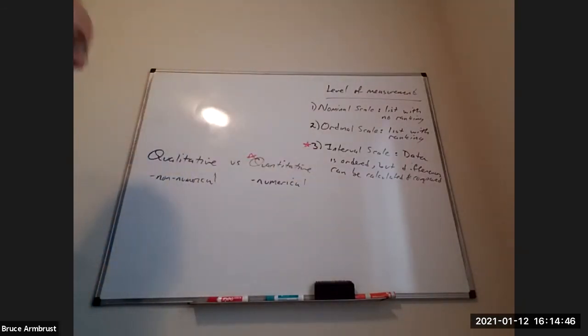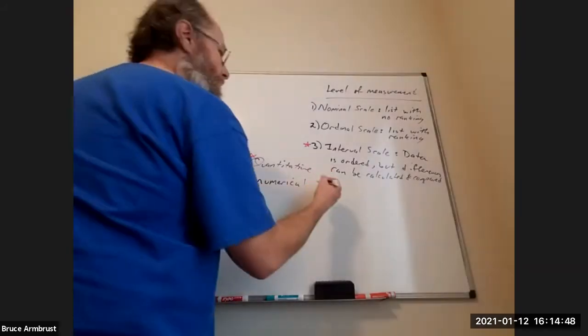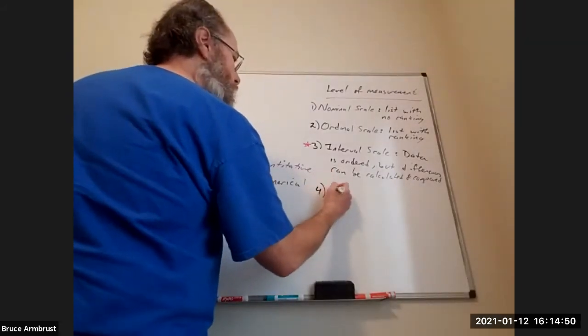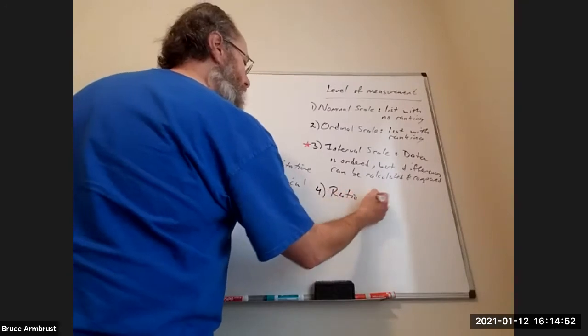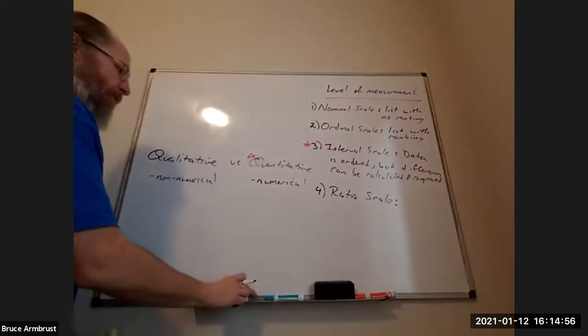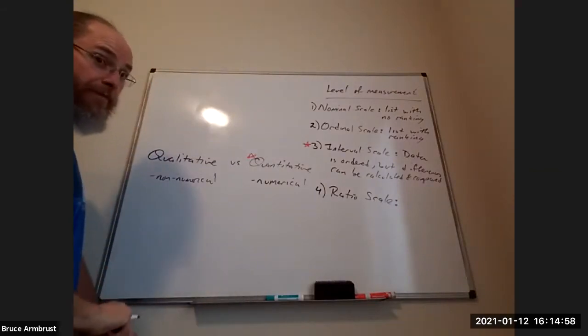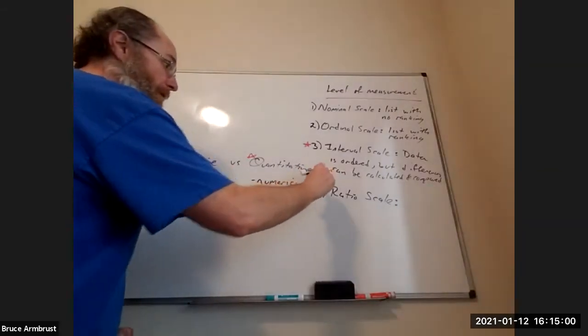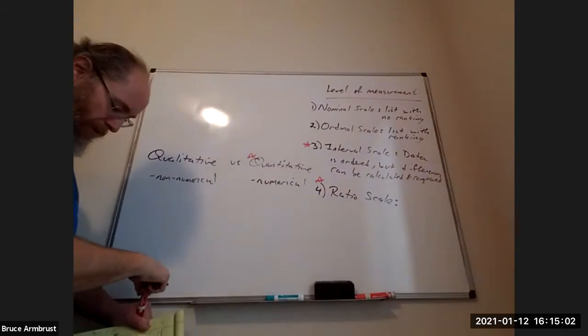All right, and then the last level of measurement is what we call a ratio scale. This one is also quantitative. All right, so this is another one that you need numbers for.